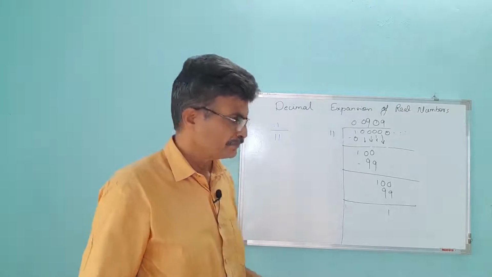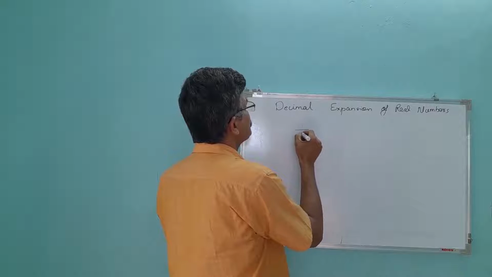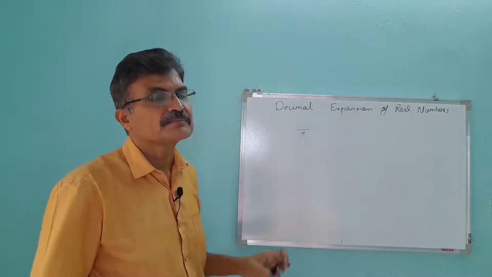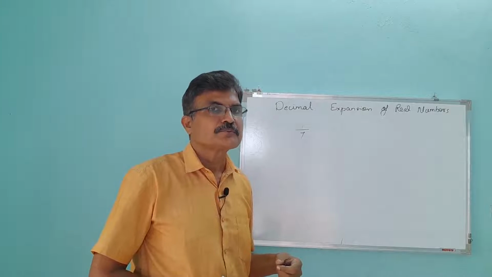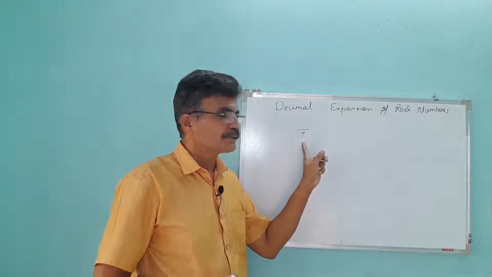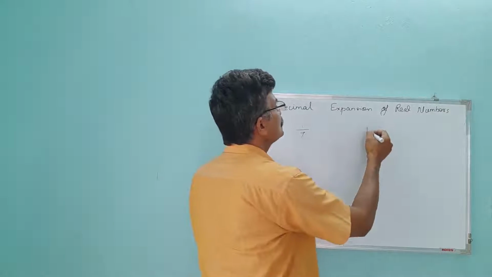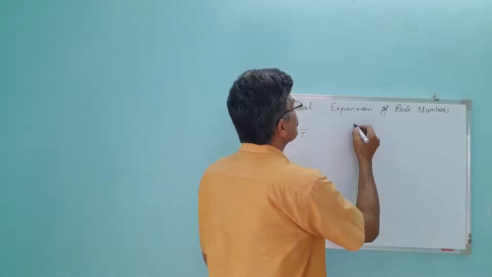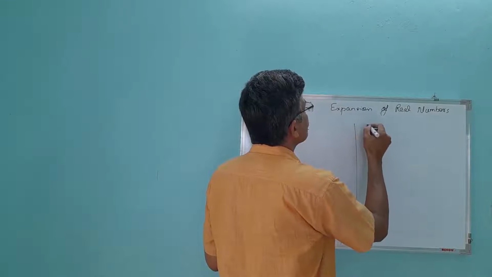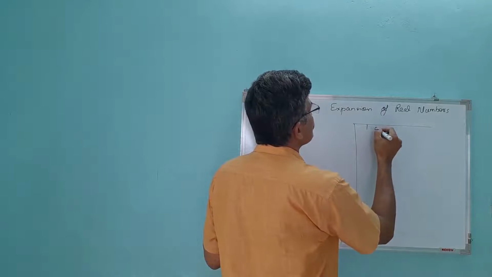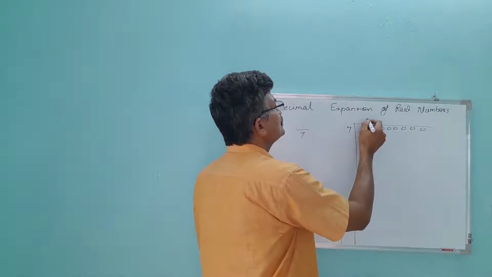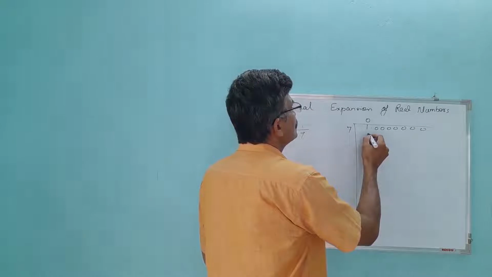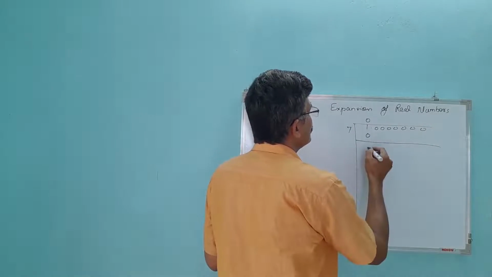Take another example. 1 by 7 here. This is also a rational number. P by Q form, Q is not equal to 0. We just use this long division process. How many times? 0, 0, 1.